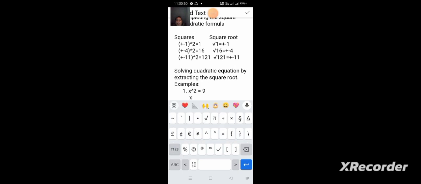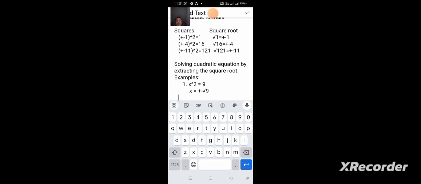When we say extract, the exponent 2 becomes 1/2, which has the symbol of the radical sign. So x is equal to the square root of 9. Remember, when we extract the square root of a number, we have the positive and the negative sign.